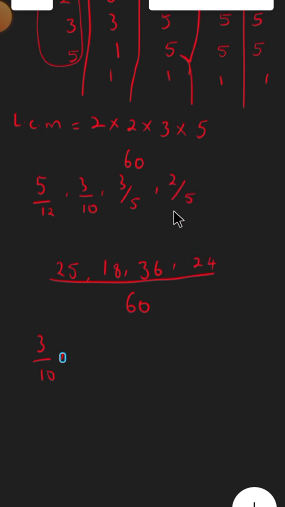The fraction is 2 over 5. What's the next number here? 25. The fraction will be 5 over 12. And the last, we have 36, which is 3 over 5.